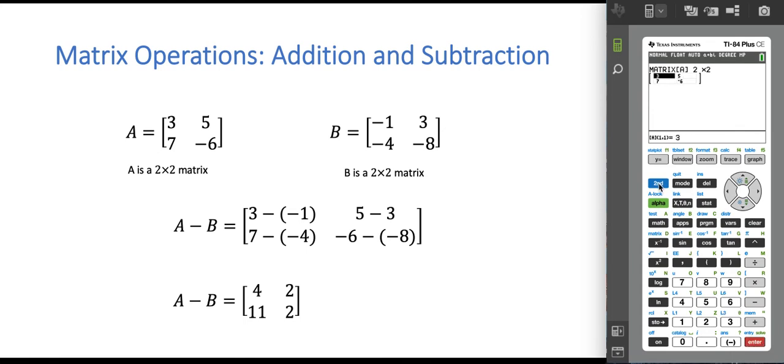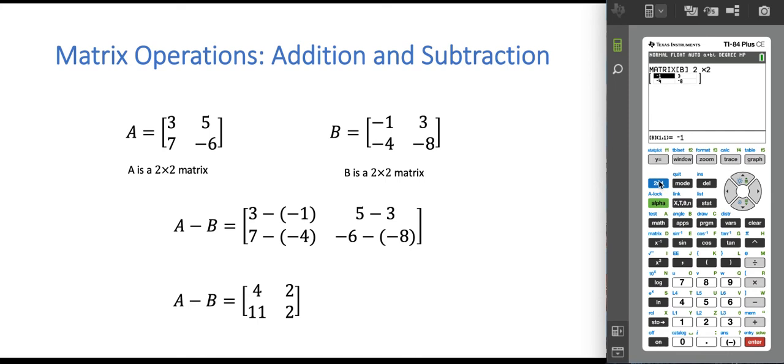And then we'll edit matrix B. So I'll quit out of the matrix A matrix, hit second matrix, and edit matrix B, and this should also be a 2 by 2. And it should be -1, 3, -4, and -8.